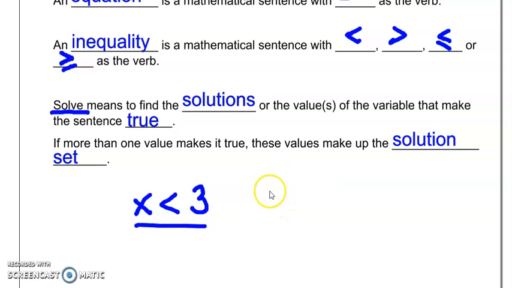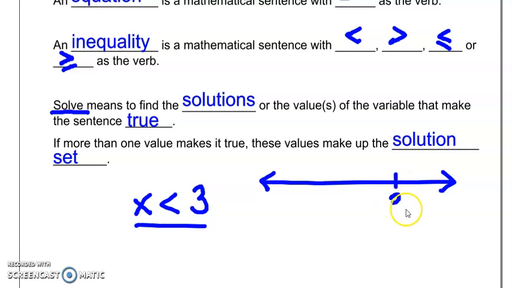And we like to write those in something that we call set notation. So for the solution x is less than 3, that would be all of the numbers, and I'm going to first draw it on a number line, starting with 3, but not including the 3, right? 3 is not less than 3, but it's all of these numbers that are on the left side of the number line.